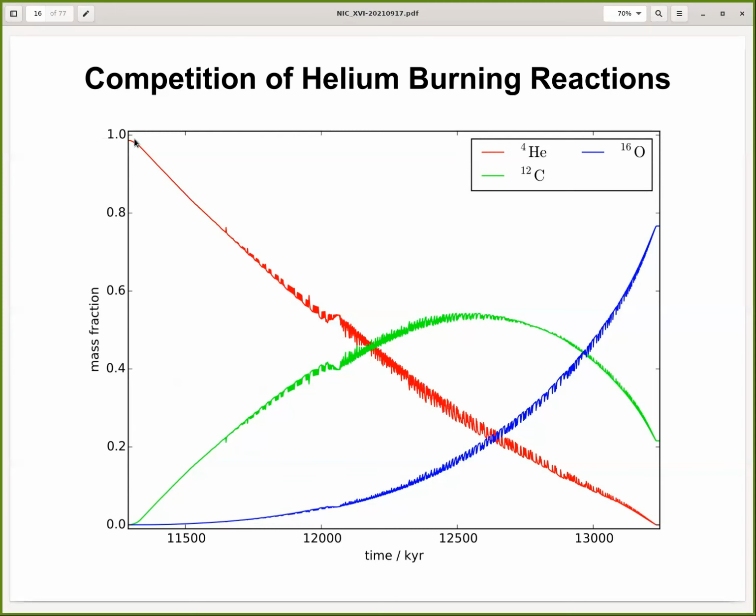And so the helium abundance drops somewhat more slowly. So it becomes somewhat shallower, at least with a little bit of goodwill. You can see that it's steeper initially and shallower at the end, because you release more energy per alpha particle at the end of your helium burning phase, when you mostly make oxygen-16 rather than carbon-12.